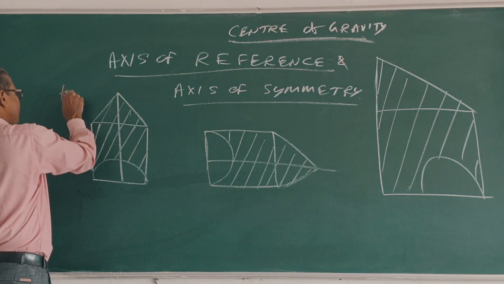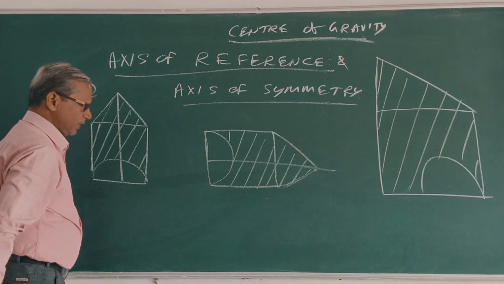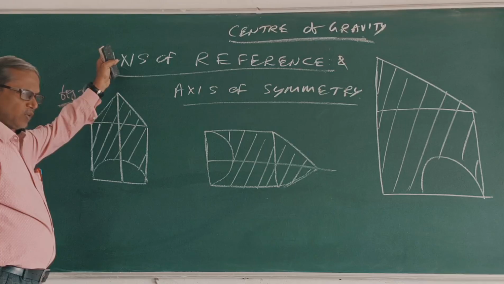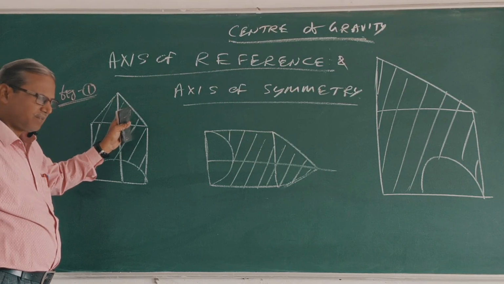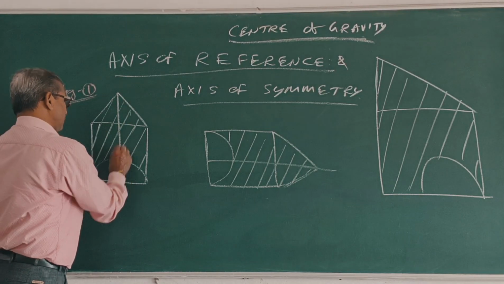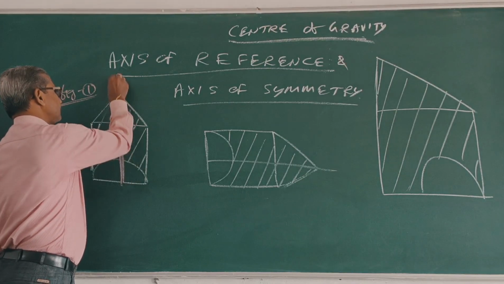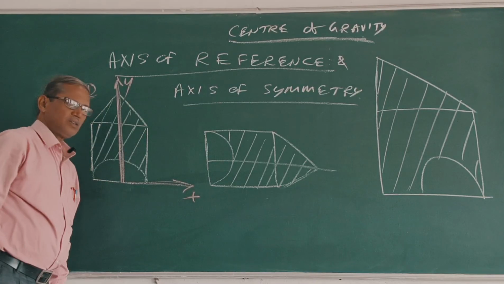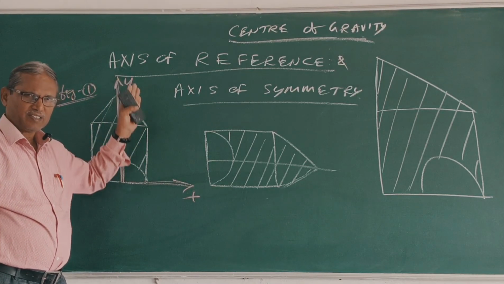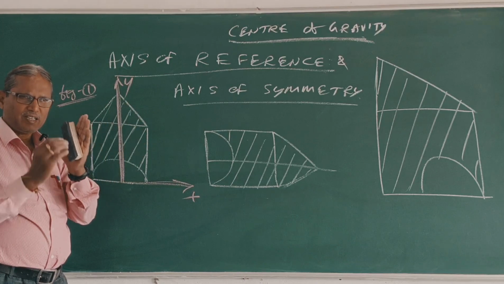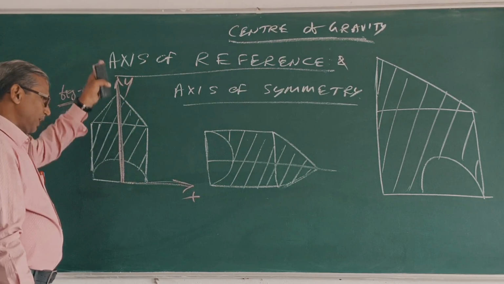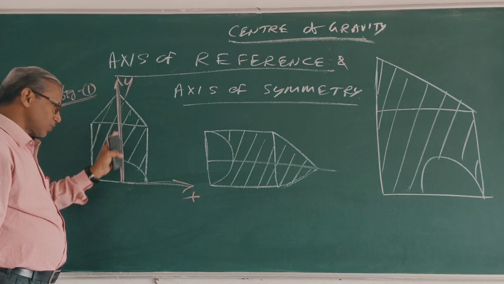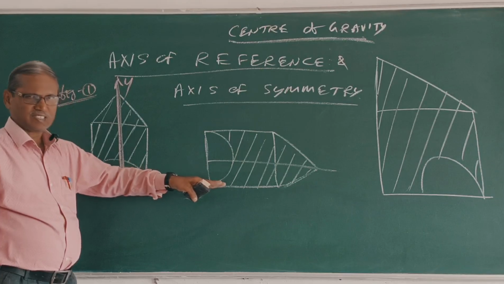In figure 1, the figure is equally divided along the y-axis. Clear? So, this is called axis of symmetry. So, this is the y-axis and take this as the x-axis. The figure is symmetric. Symmetry means the figure is equally divided into two parts along the y-axis.